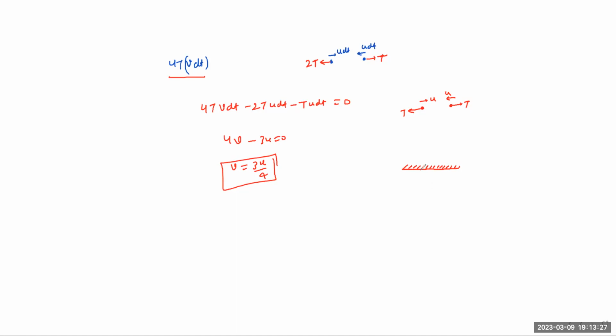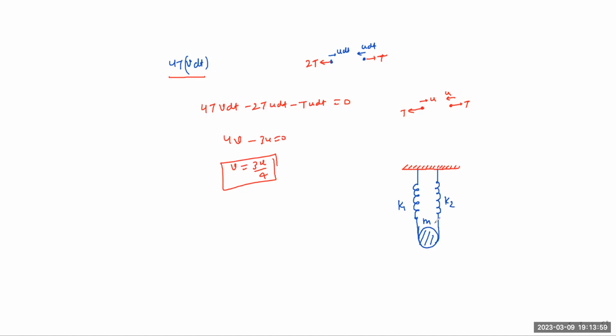Imagine we have a spring, and a pulley with mass, and let's say this is K1, this is K. The string and the spring are connected together.